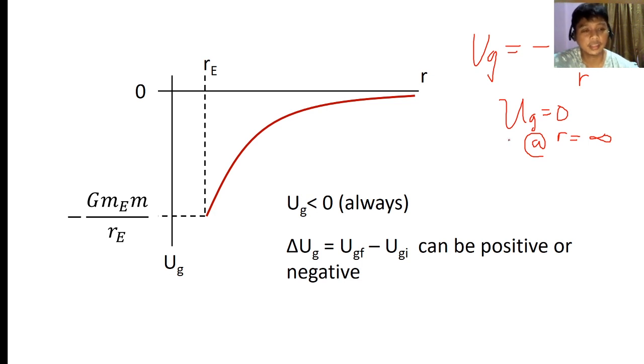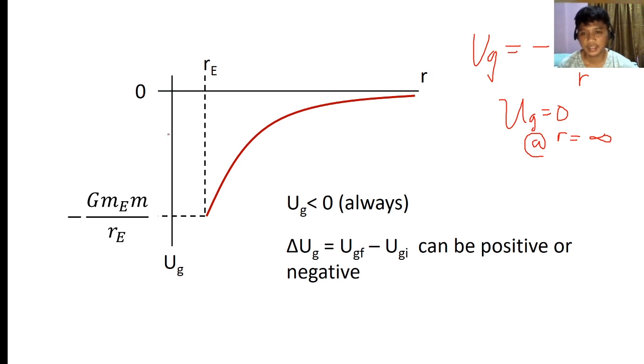So we're saying that we're putting our 0 reference line at an infinite distance away, treating both objects as an infinite distance apart from each other. So in this graph, at r equals infinity, we reach 0.